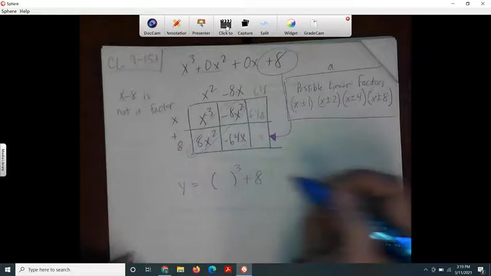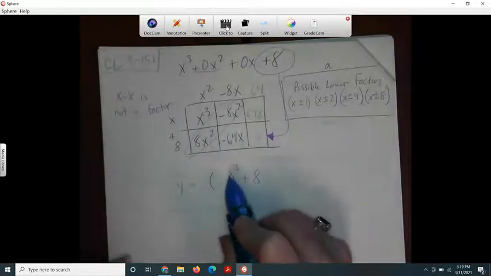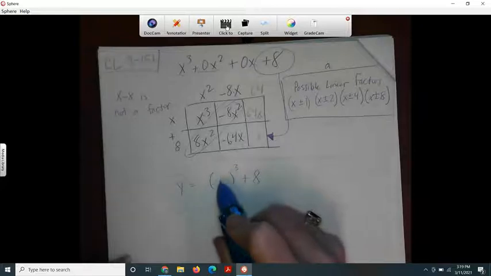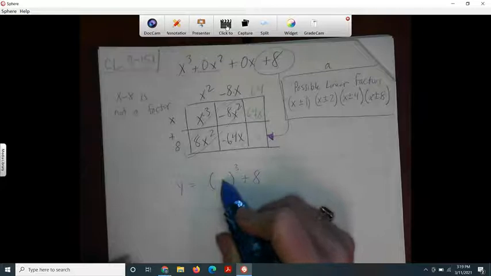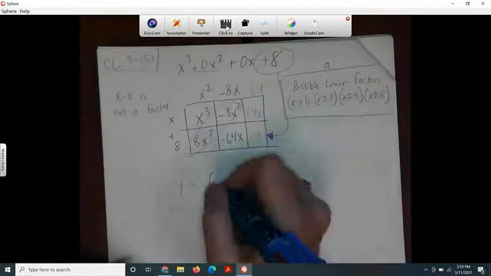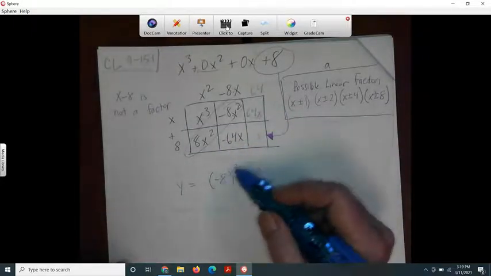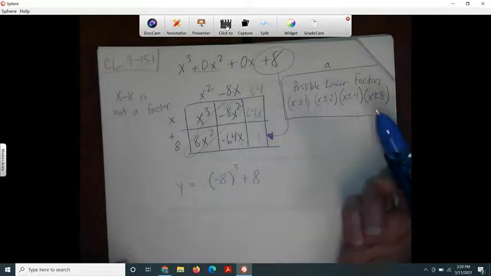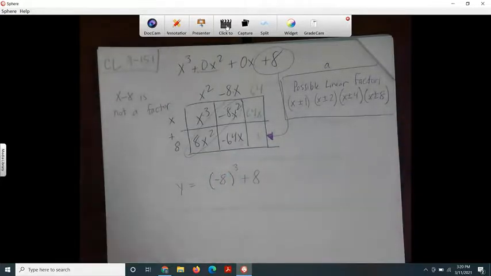If I plugged it in and got a 0, then I would know that it's a factor, but it's not going to work out. This seems even harder to me. Now I have to go 8 times 8 is 64, but I don't really know what 64 times 8 is. So grabbing the calculator. Well, that's 512. So this gives me negative 512 plus 8. I don't really have to work that out. I know that's not 0.